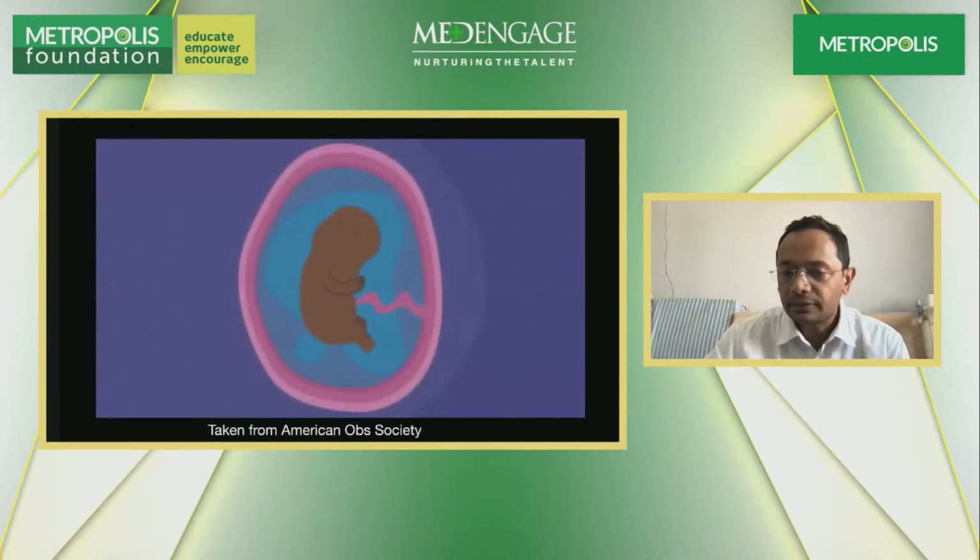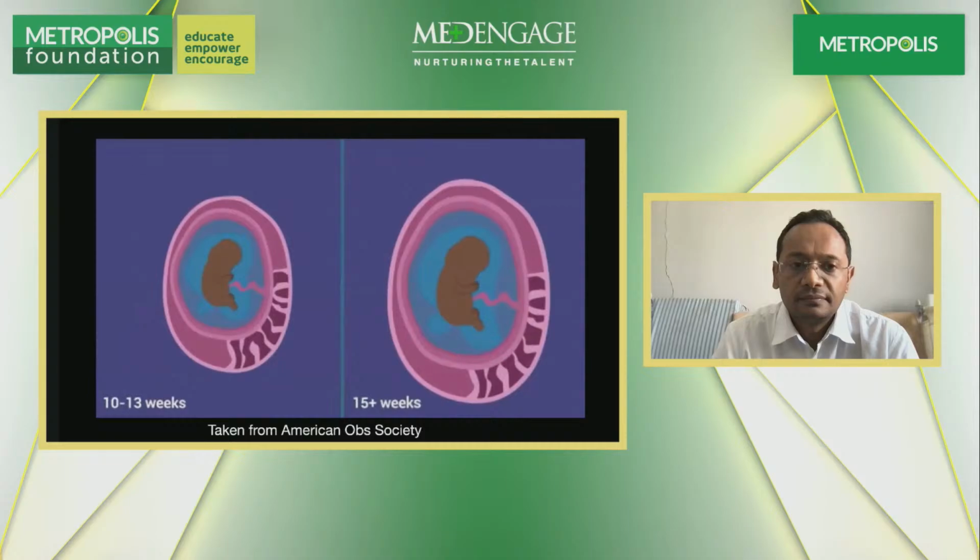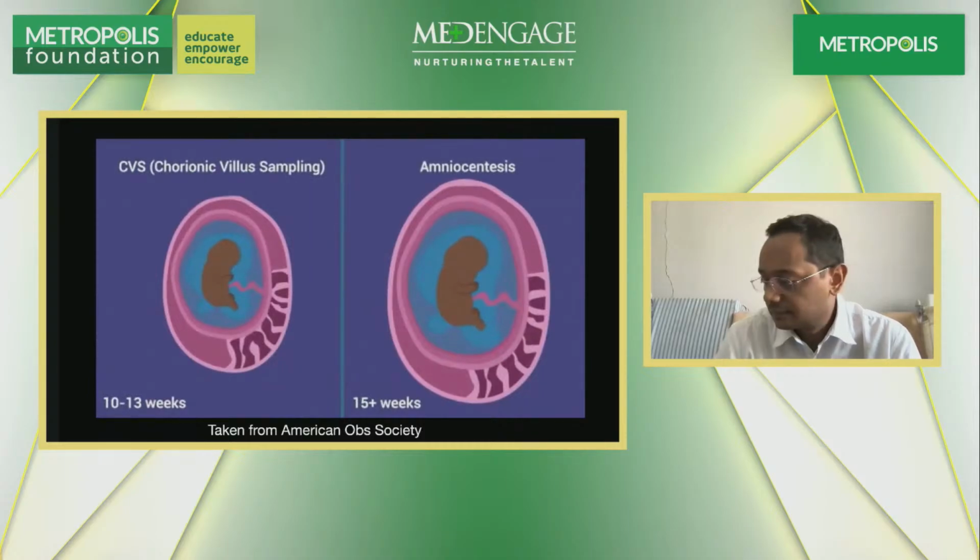In diagnostic tests, cells are taken from the placenta or the amniotic fluid surrounding the fetus. These cells contain the same genetic material as the fetus. The cells are collected with a tube or needle and are sent to a lab for testing. There are two types of these tests: chorionic villus sampling, CVS, and amniocentesis.